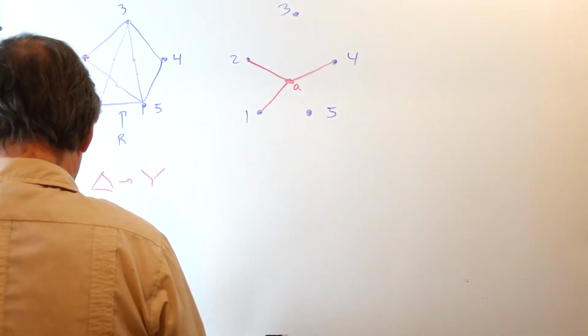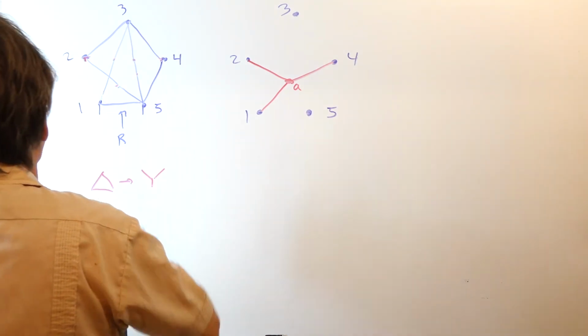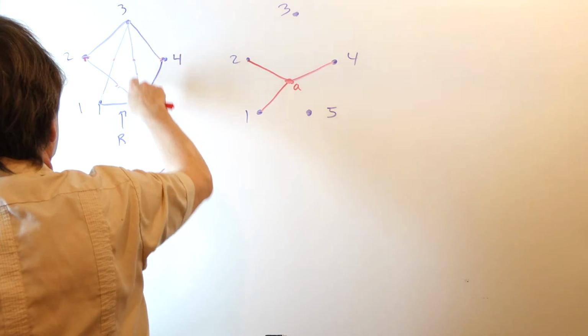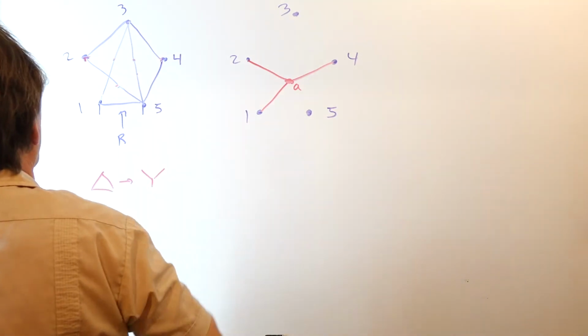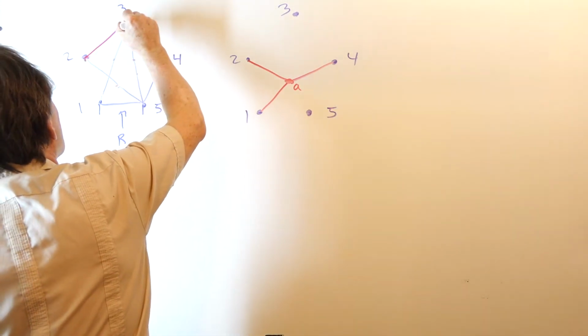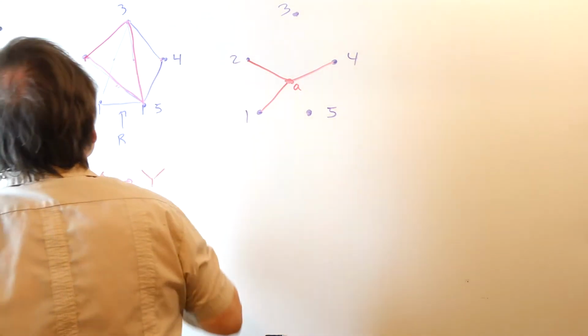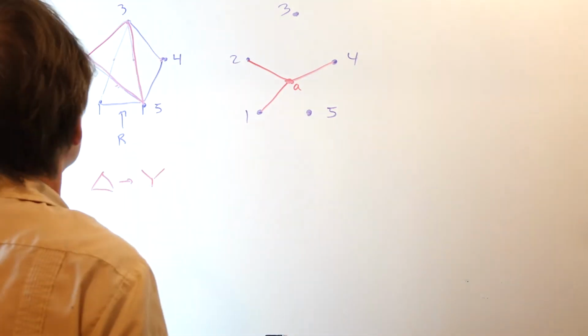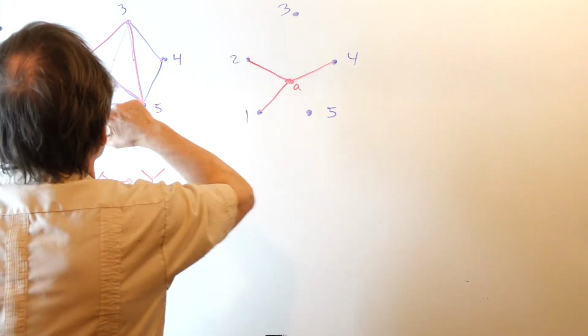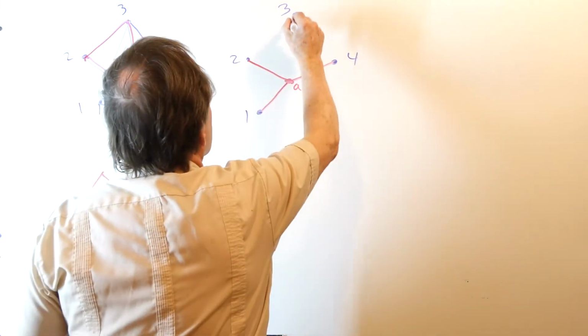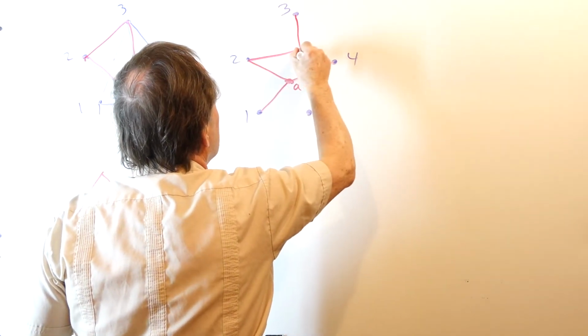Now let's look at doing a Y to delta on 2, 3, and 5. So now we're going to focus our attention on these 3 elements here. And we convert that into a Y. So we go 2, 3, and 5. So we got 2 to 3.